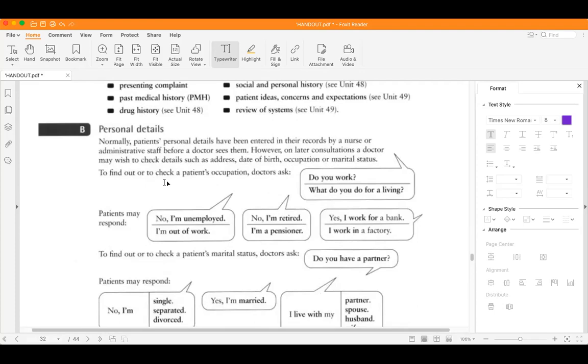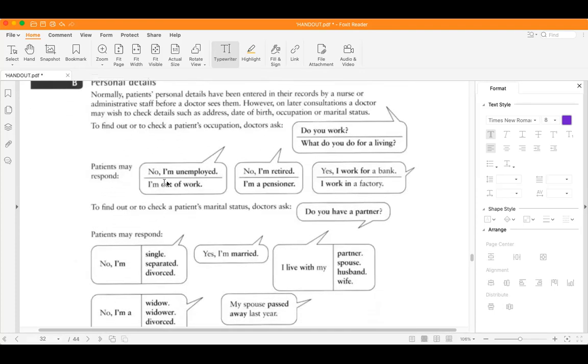To find out the occupation, the patient is asked, do you work, or what do you do for a living? And they answer as unemployed, out of work, retired, a pensioner.